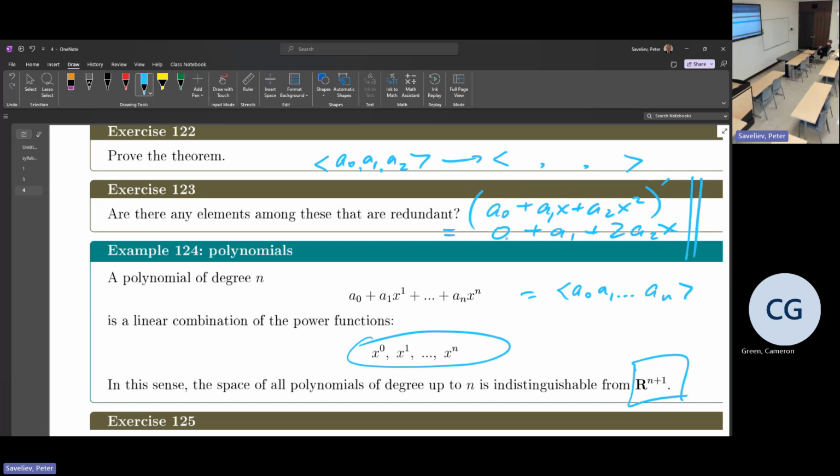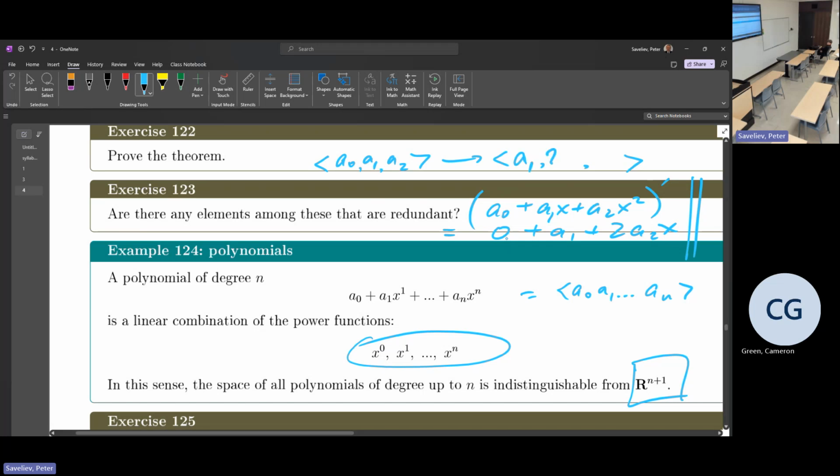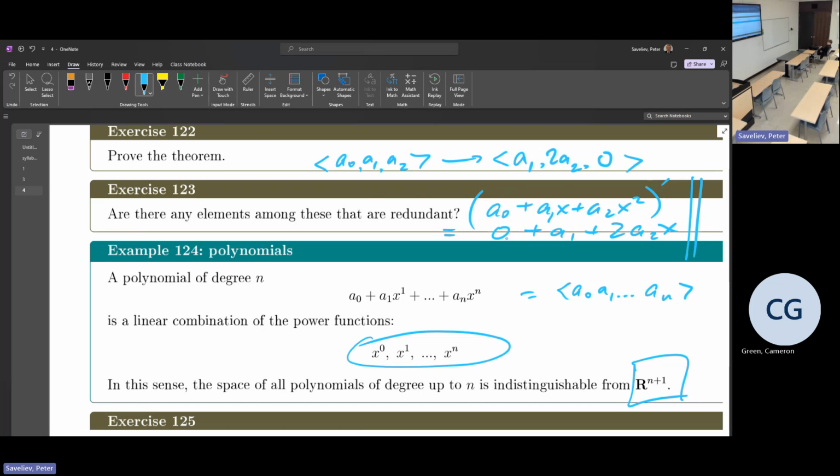A1 is what corresponds to the 0th power, then 2 A2, and then 0. So that's the whole differentiation for you. The calculus of polynomials is pretty much nothing but linear algebra. Okay, I'll stop here and see you next time.